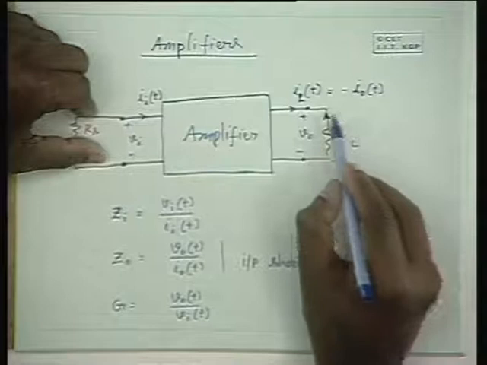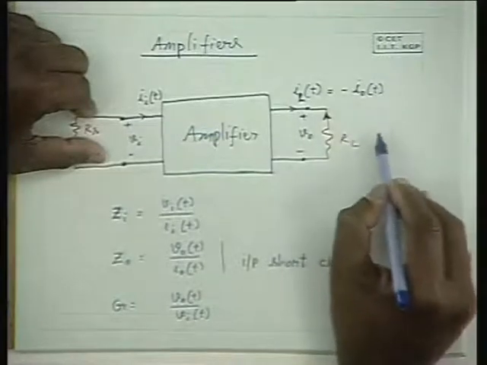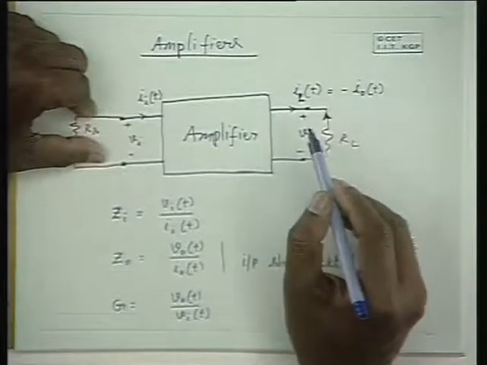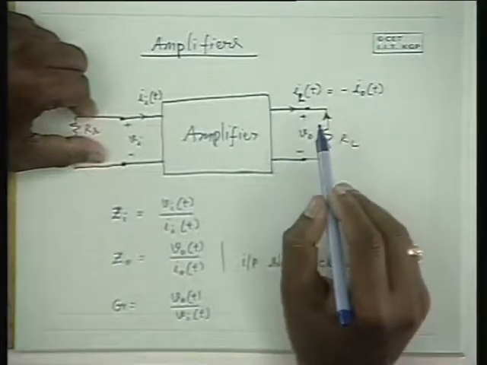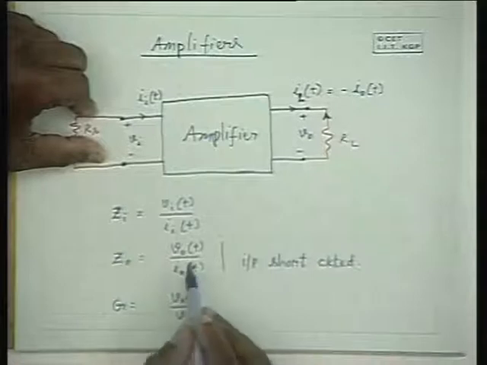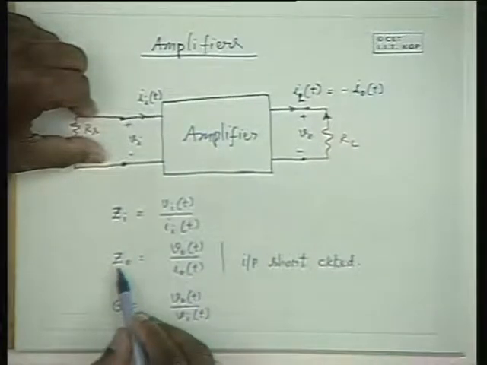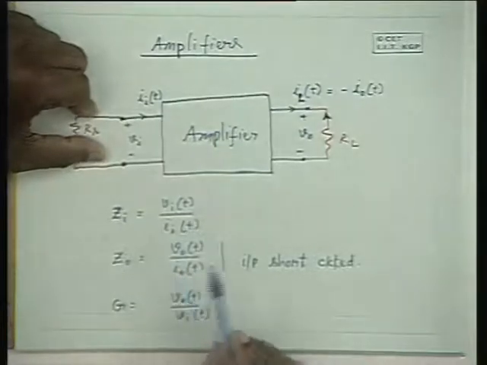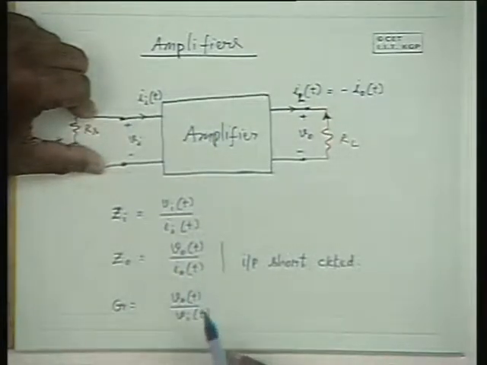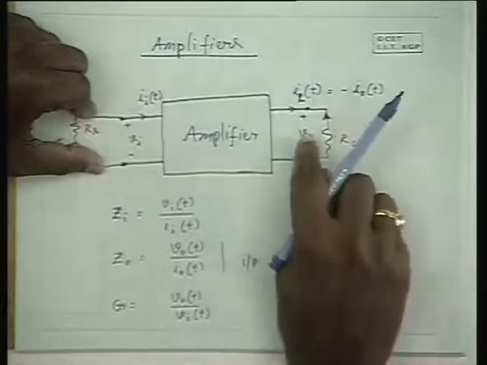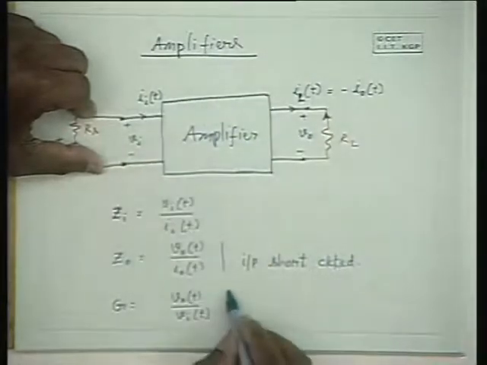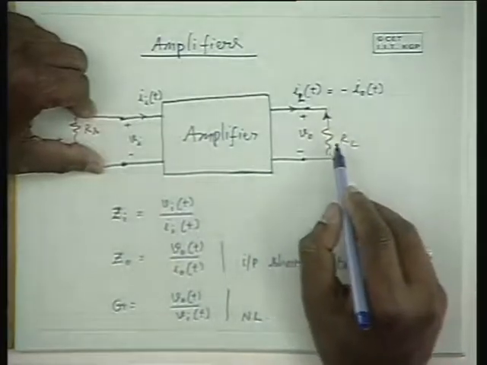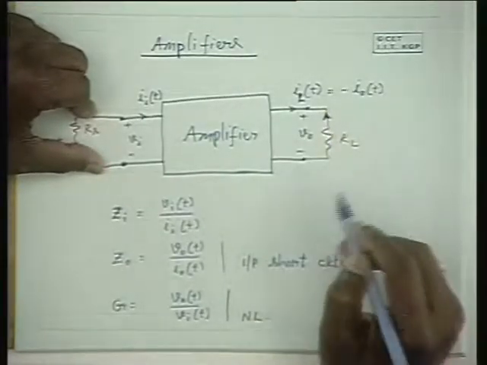So when you apply an external voltage source of V0T here, the current going inside is denoted as I0T, so that V0T divided by I0T is Z0. And if it is a real quantity, it becomes R0. And the gain, as we have already mentioned, is V0T divided by VIT under no load conditions, when the load resistance is infinity or when the load is not there.